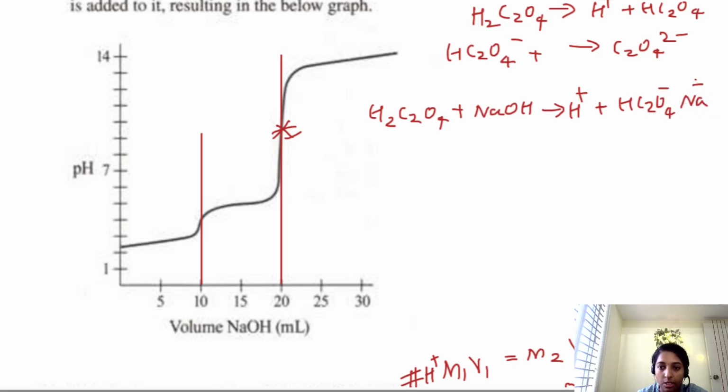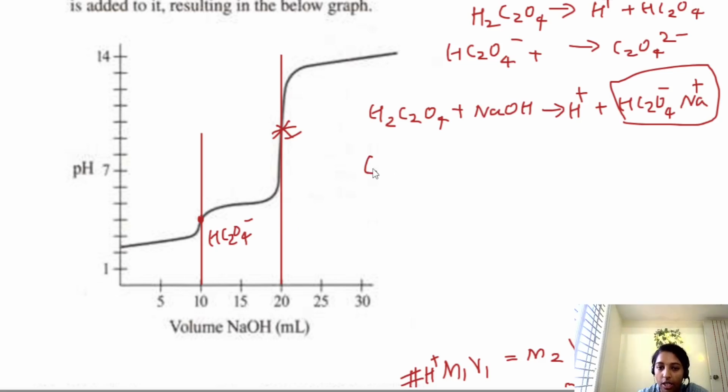So this is minus, this is plus. This is the first salt. So at the first equivalent point, this will be the highest in number, HC2O4 minus Na plus. Na plus you can write just like a spectator ion. Even if you don't write it, no issue.